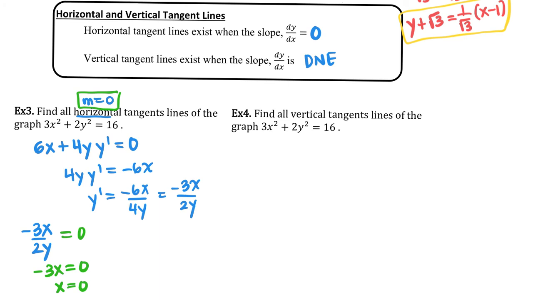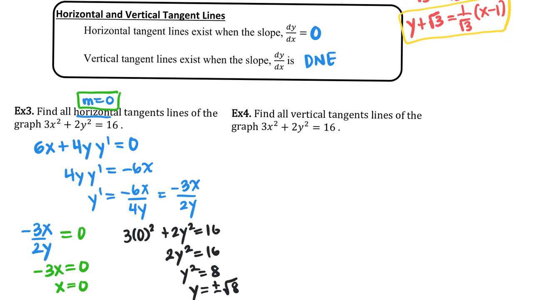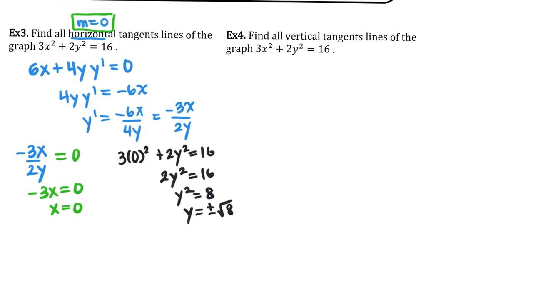Let me plug it in. 3 times 0 squared plus 2y squared equals 16. 3 times 0 squared is nothing, so 2y squared equals 16. y squared equals 8. So y is plus or minus root 8, which we're going to simplify because we always simplify. So y equals plus or minus 2 root 2.